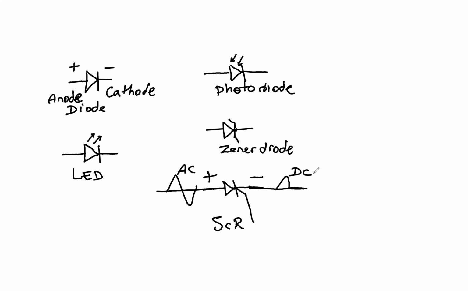The only difference between this SCR and this diode is that they still do the same thing, but this one cannot be controlled, while the SCR can be controlled through a new pin that has been added, which is called the gate. So through the gate, once you have the right gate current, then you can control when the SCR fires.